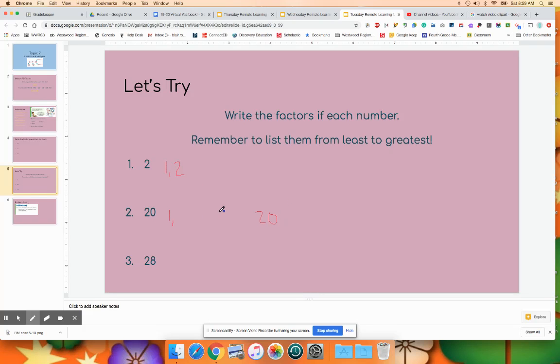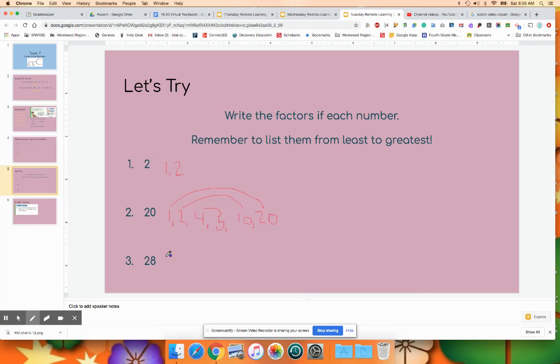So like 1 times 20, 2 times 10, and then 4 times 5. I always feel this comes out just a little wonky because you spaced it, but if it works for you, 1 times 20, 2 times 10, 4 times 5. Okay?